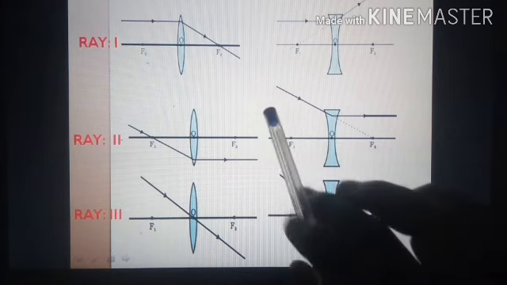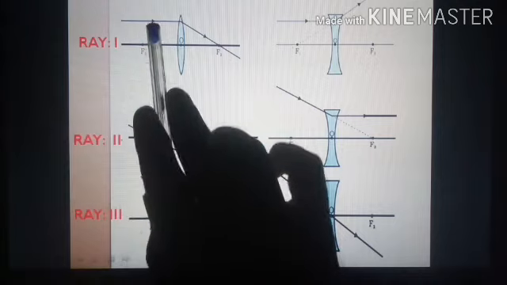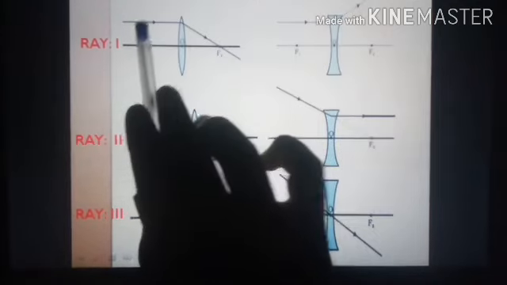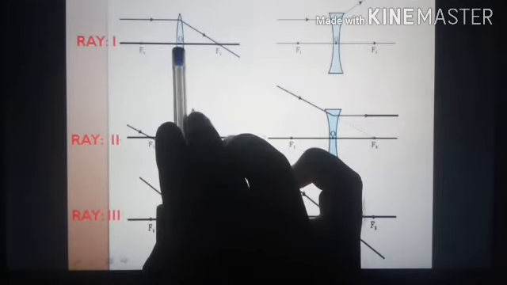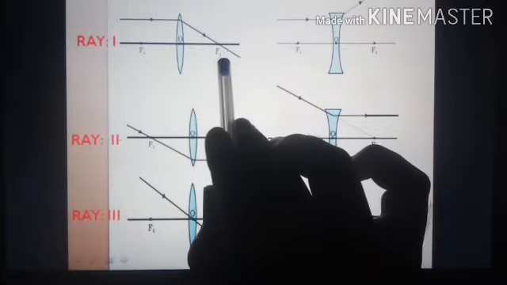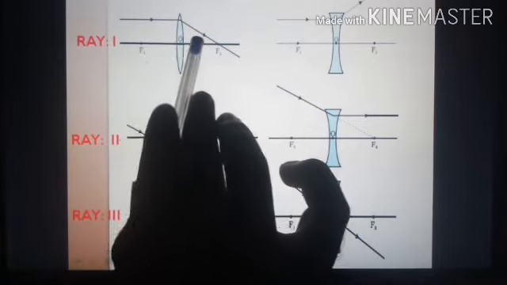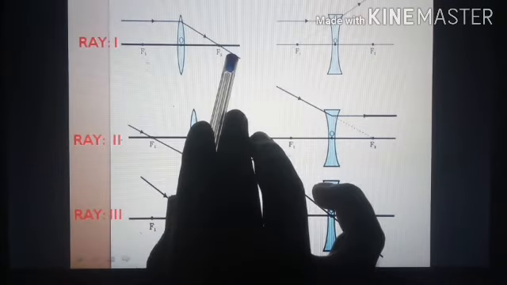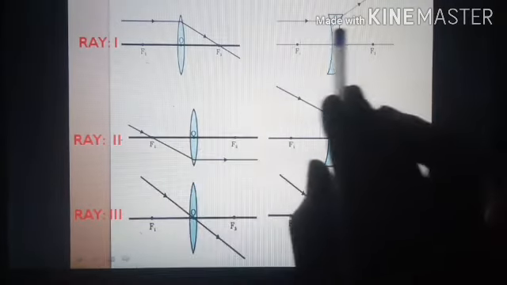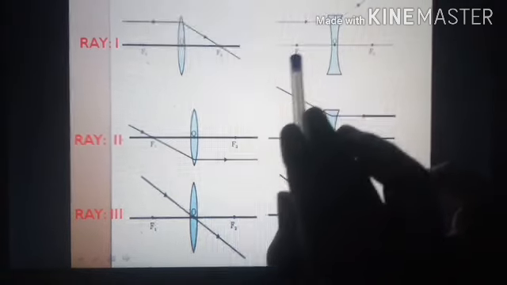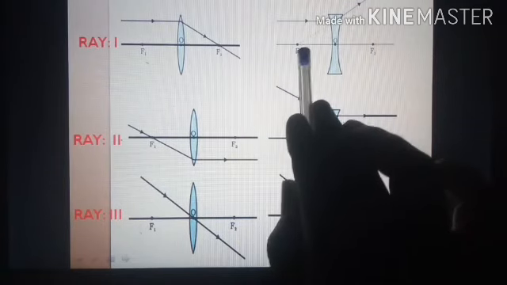So again we recall it. The first ray is the parallel ray passing through the convex or concave lens. In the case of convex, the parallel ray passes through the principal focus. Here, the parallel ray after refraction appears to diverge from the principal focus.